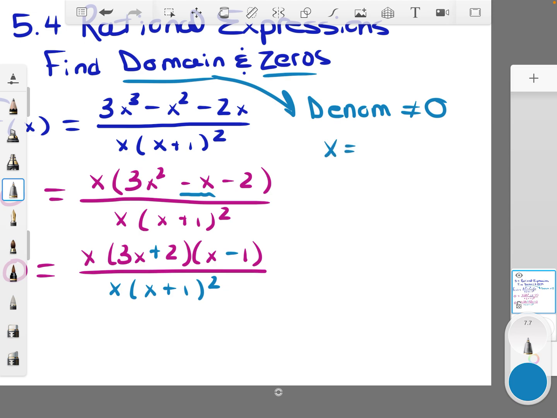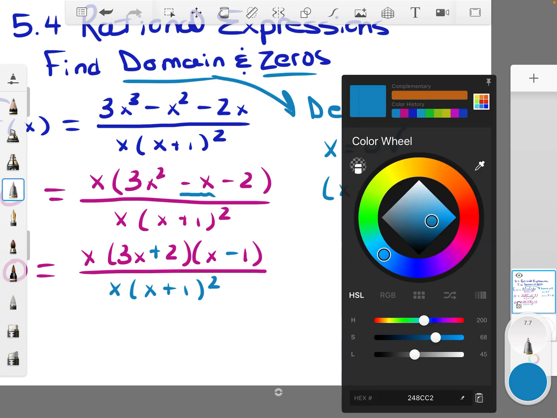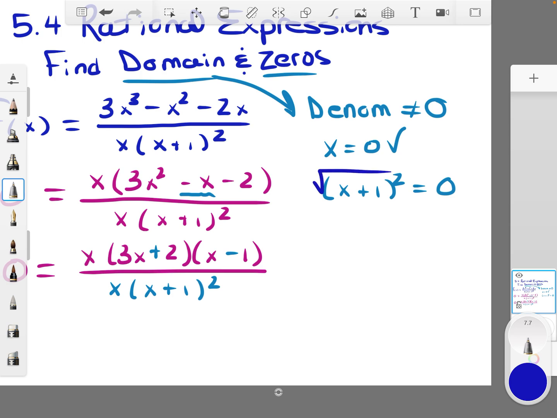So x equals 0, and the quantity of x plus 1 squared equals 0. The first one's already solved for, x equals 0, so that's my first domain error. In the second equation that I wrote, I would square root both sides. That would give me x plus 1 equals the square root of 0, which is plus or minus 0, or 0.